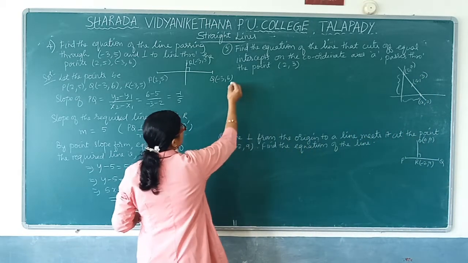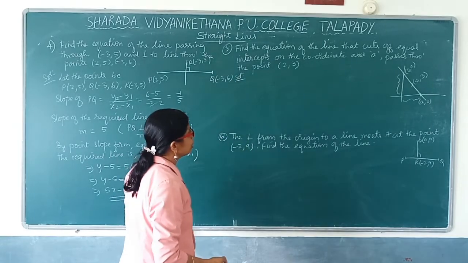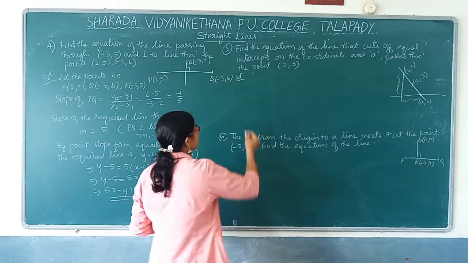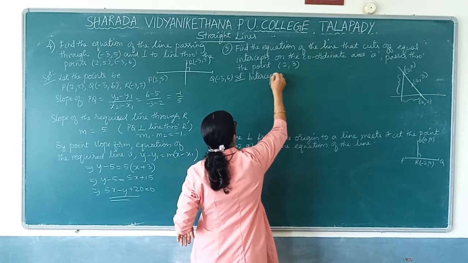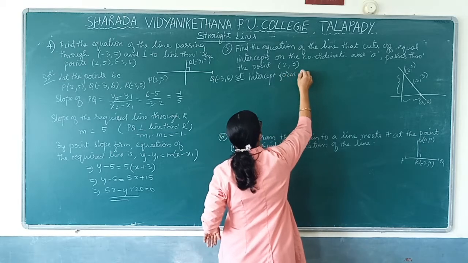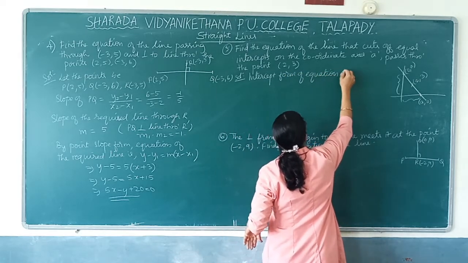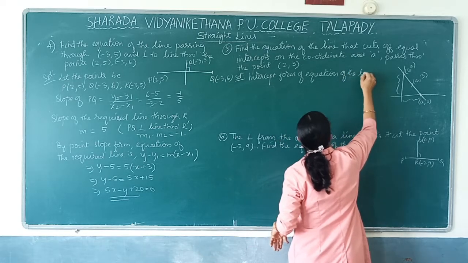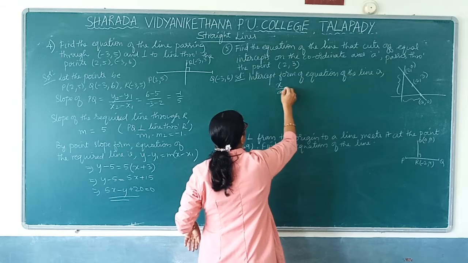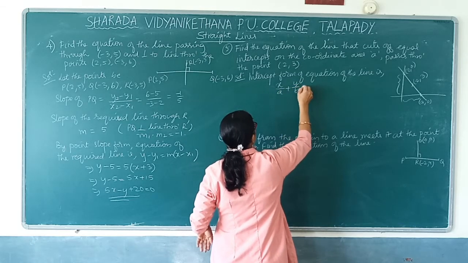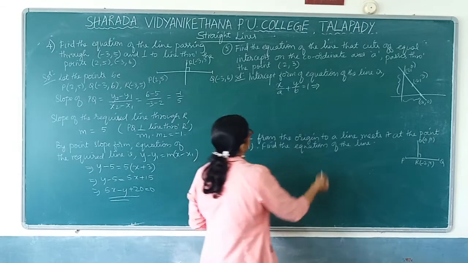So we have the intercept form of the equation of the line. Understood? So what we have to do here? We have to apply the intercept form of the equation of a line. What is the intercept form? x by a plus y by b is equal to 1. But here a is equal to b, they are given equal intercepts, isn't it?